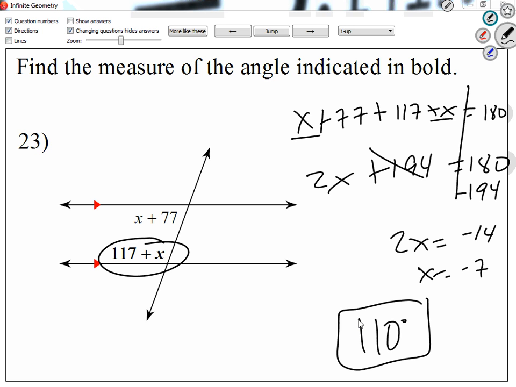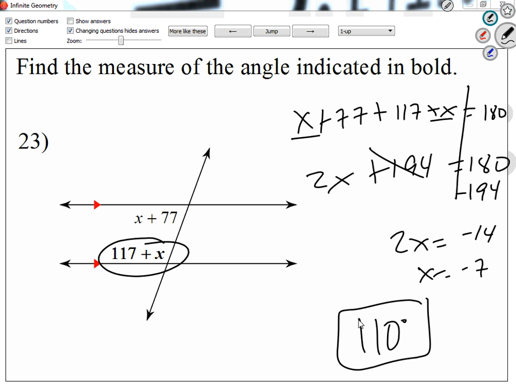So once we plug in here, how much is 117 plus a negative 7? Kind of like saying 117 minus 7. 110. The dark one only. I don't know if you guys can see. I know that sometimes it's a little hard to see the darker one, but all right.